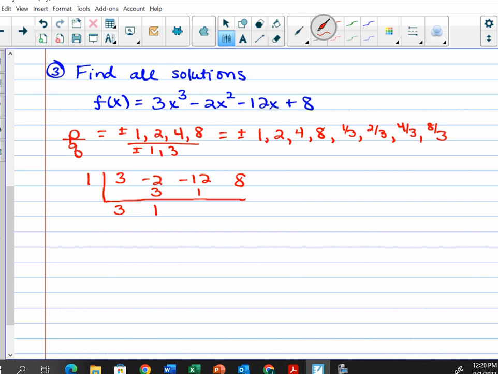And guys, as you're testing it, I can tell at this point, this is not going to work, right? There's no way I'm going to get 0 out of this. I just stop then and cross it out and go, okay, that's not it. No, there's no way I'm getting a -8 and then a 0 out of that. So I know 1 doesn't work. So then we try again. What do you want to try next? 2. I like 2. Good choice.